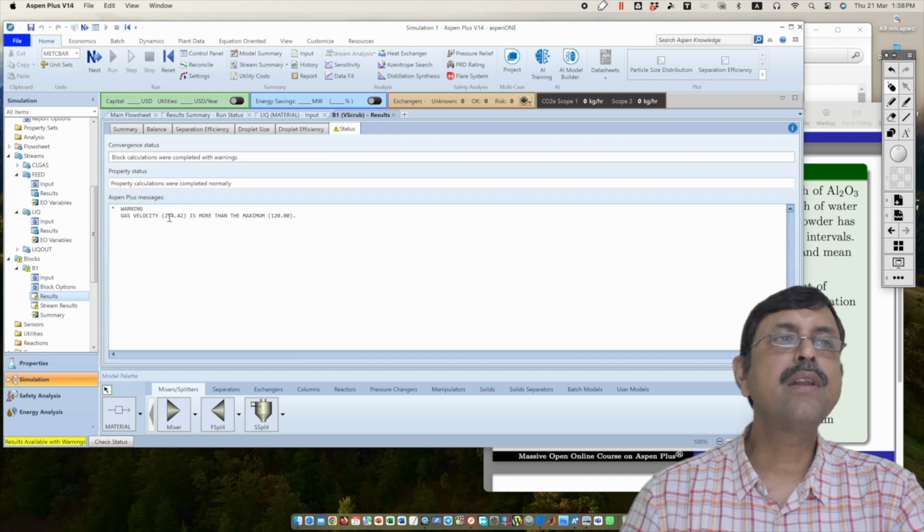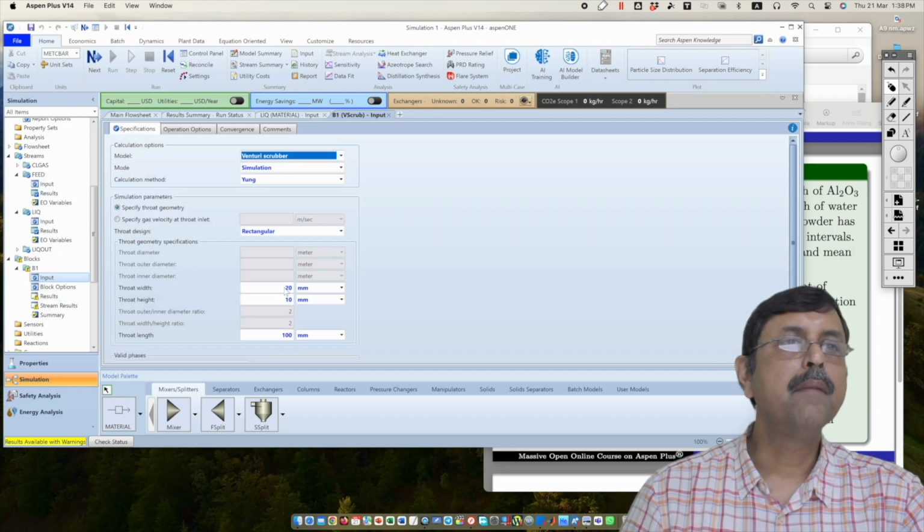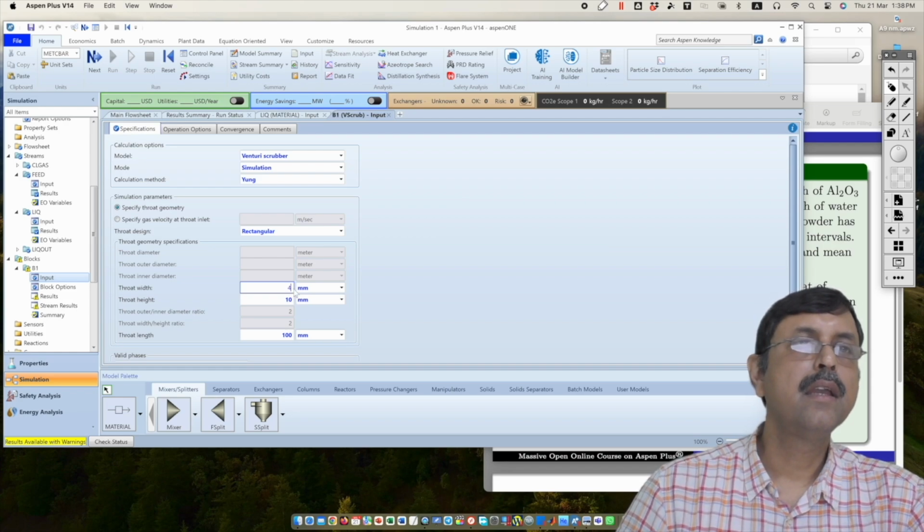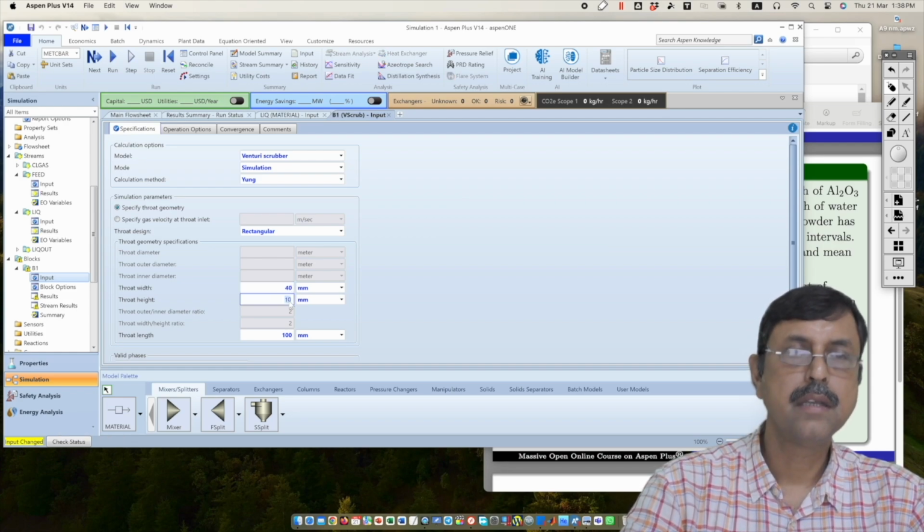So much gas velocity cannot be given. Okay. So we have to reduce the gas velocity. So let us increase the throat size and check. So let us go to input and make it 40 by 20.